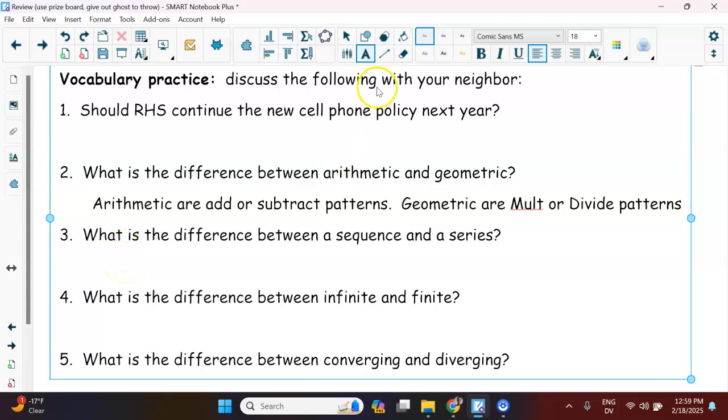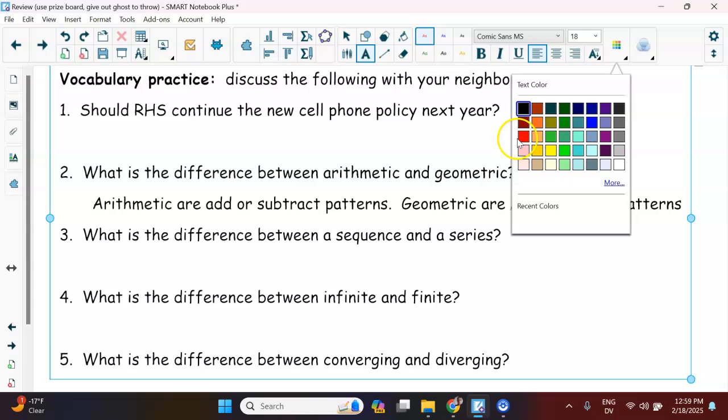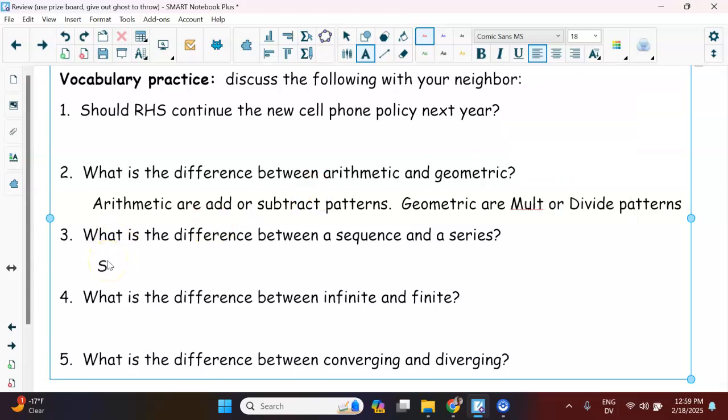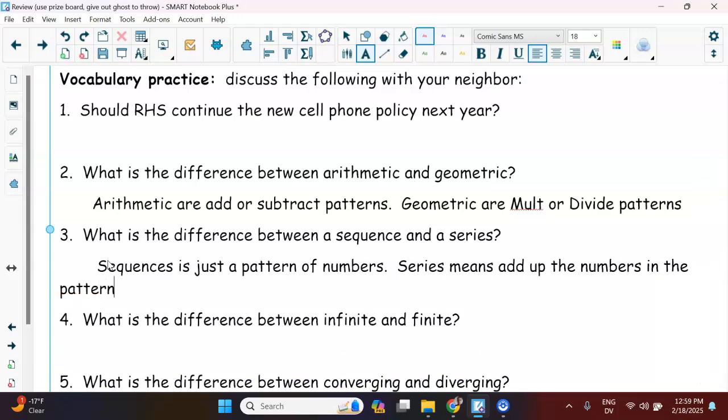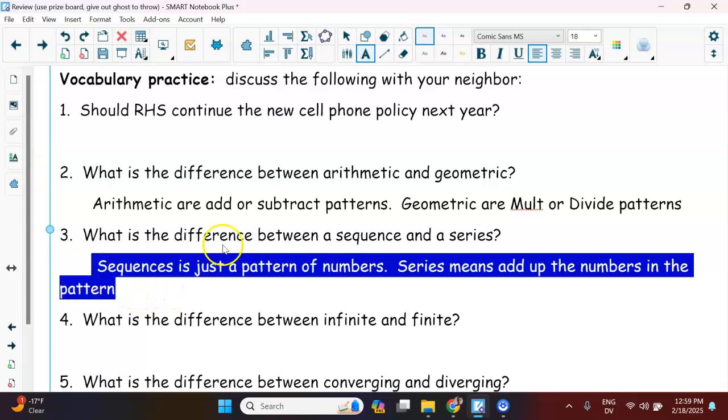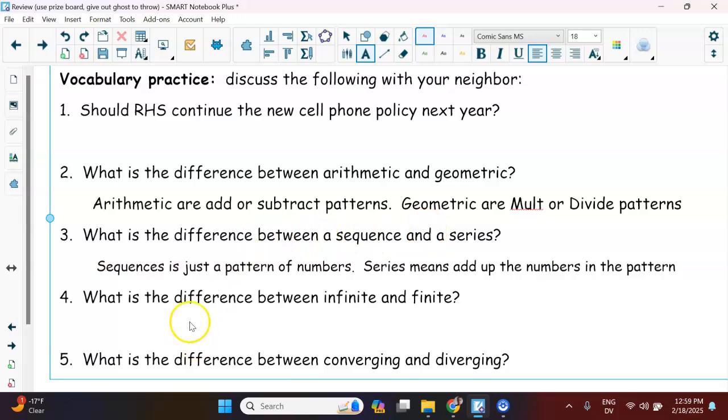The difference between a series and a sequence: a sequence is just a pattern of numbers. Series means add up the numbers in the pattern. They're very, very similar, but you add them all up if it's a series.